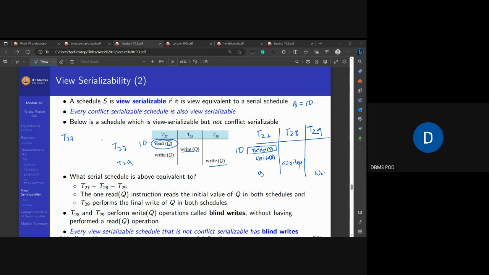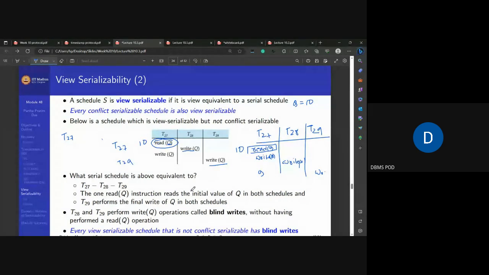For now, the initial read is whatever actual data is present in the database. So view serializable is clear for you, right? Or any doubt?